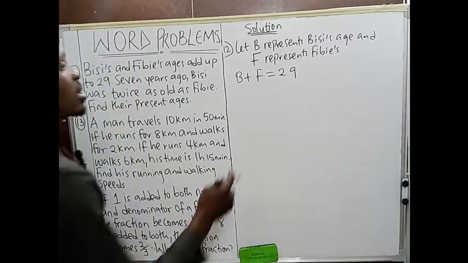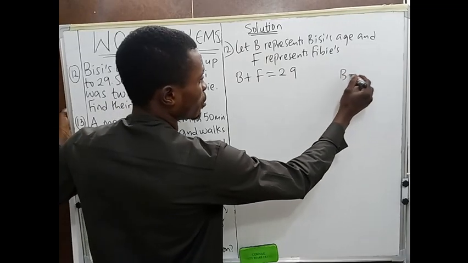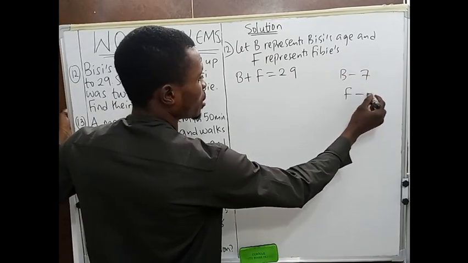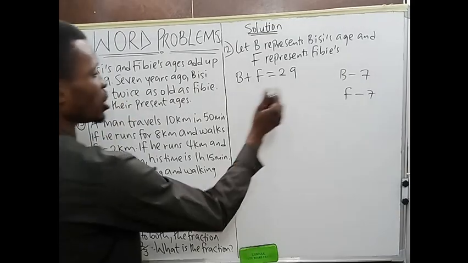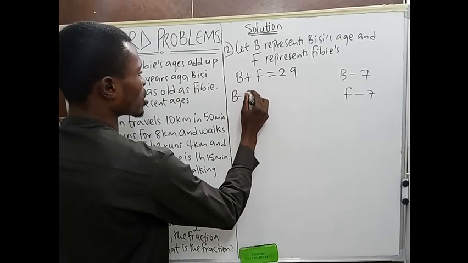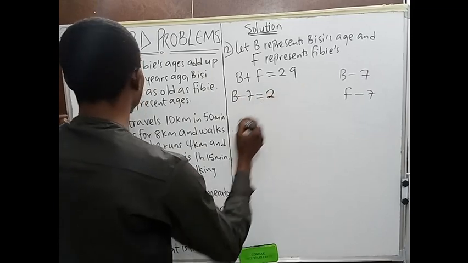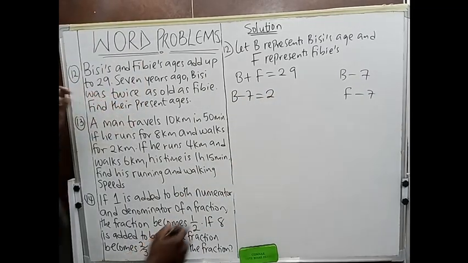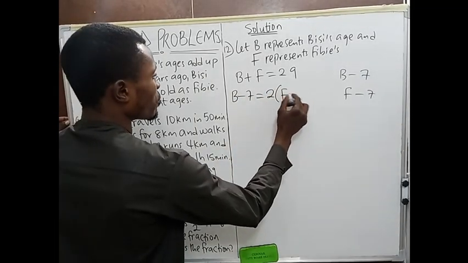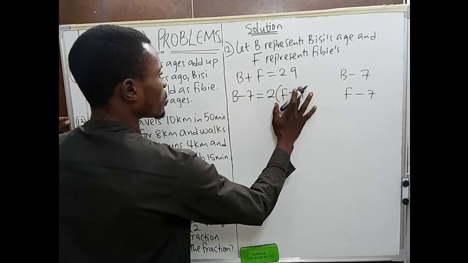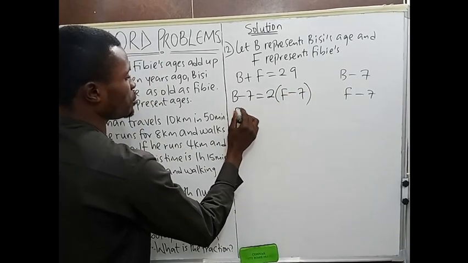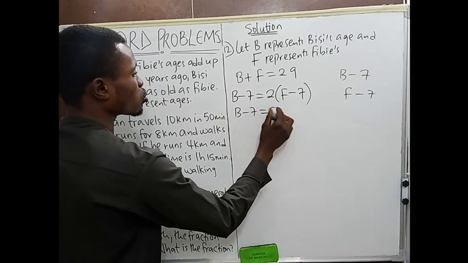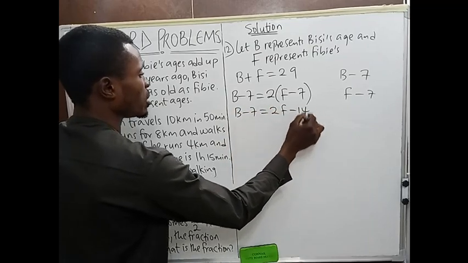We're also told that 7 years ago, BC will be B minus 7 and Phoebe will be F minus 7. So 7 years ago, BC's age, that is B minus 7, is twice Phoebe's, twice F minus 7. Simplify this, you have B minus 7 equals 2F minus 14.